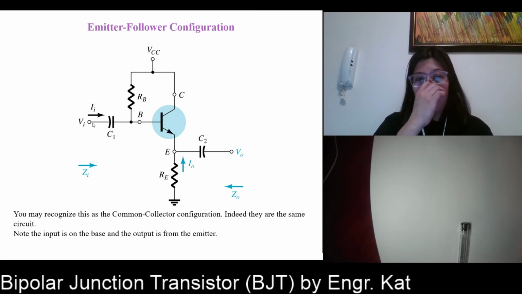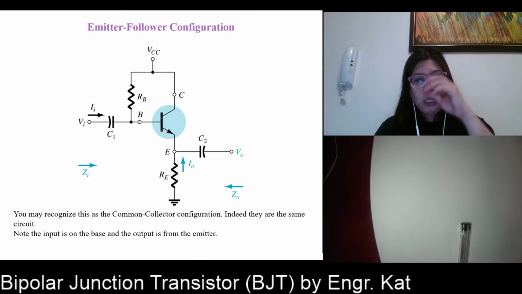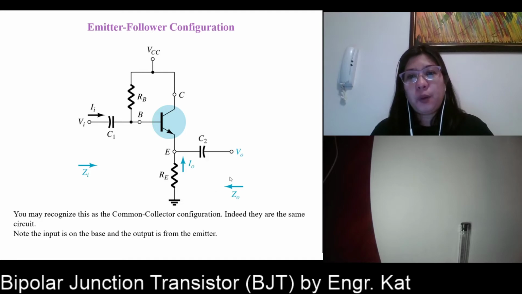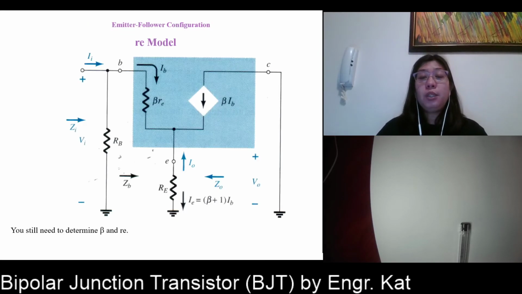Okay? So for emitter follower, you may recognize this as the common collector configuration. Indeed, they are the same circuit. Note that the input is on the base while the output is from the emitter. So this is the formula.